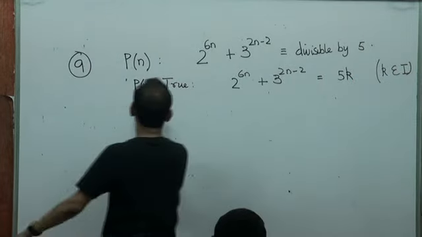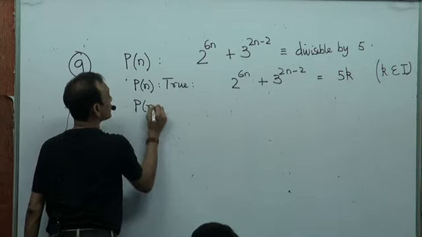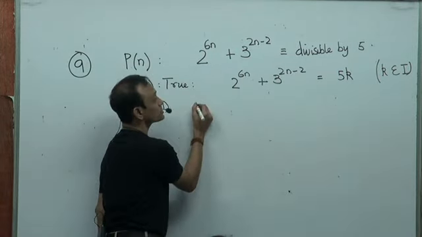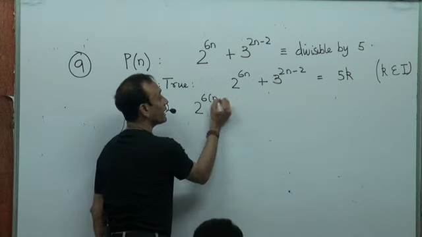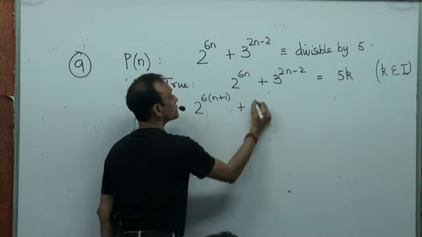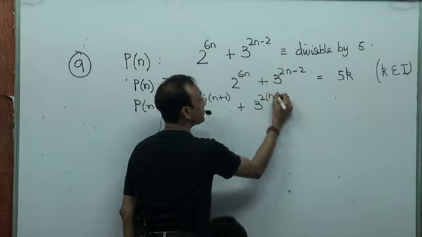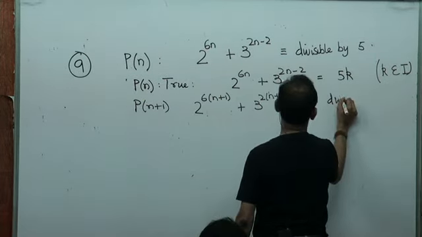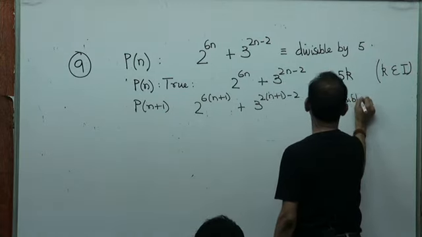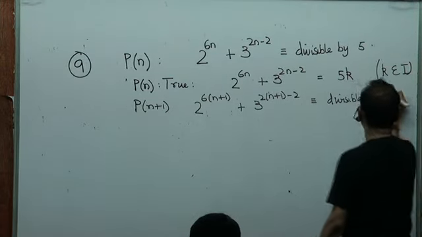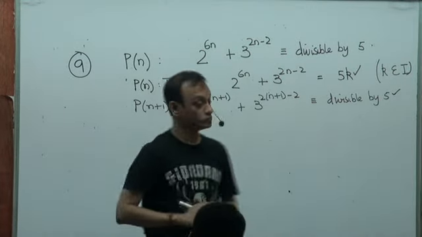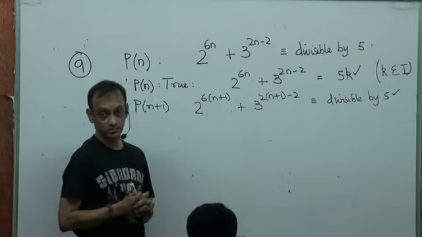I want to show that Pn plus 1, that is replacing n by n plus 1, which is 2 to the power 6n plus 1 plus 3 to the power 2n plus 1 minus 2, is also divisible by 5. We want to show this. Given this, we want to establish this. Yes or no? Let's see how we do this.